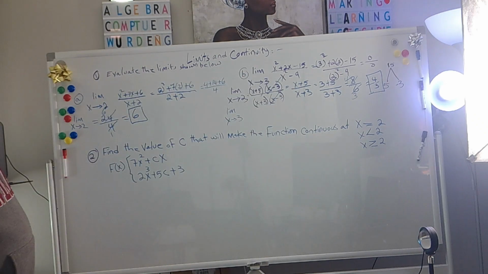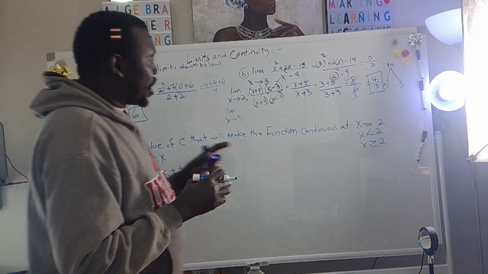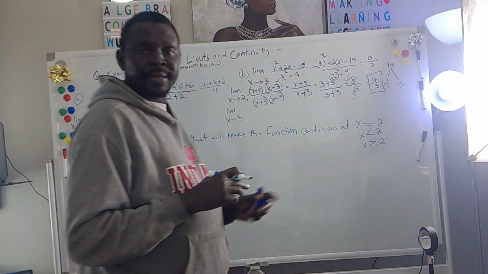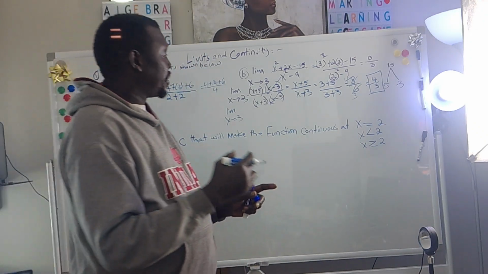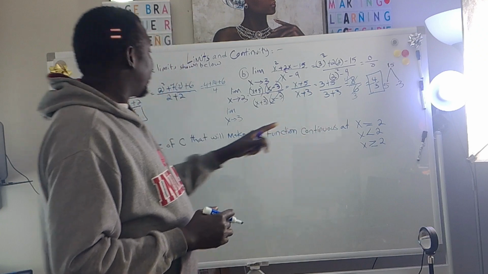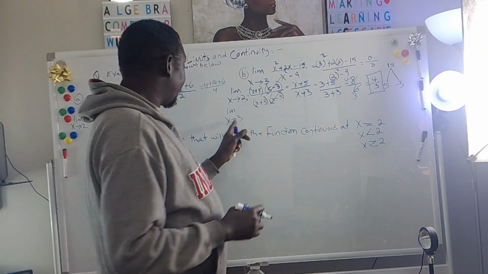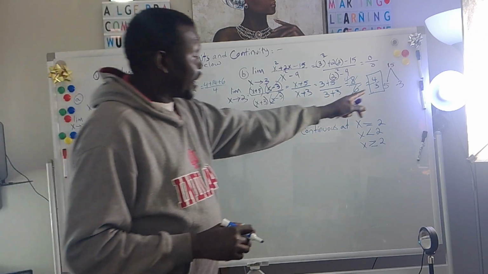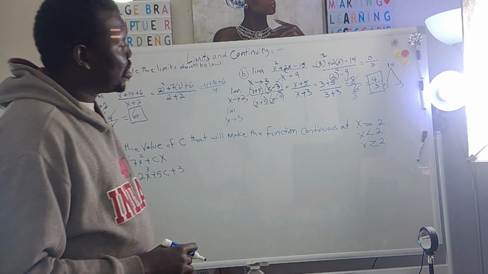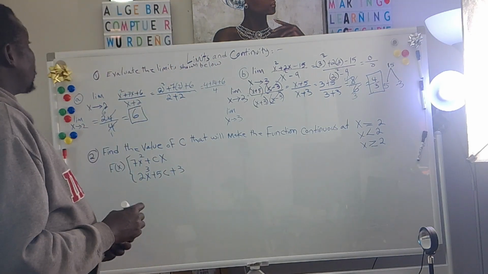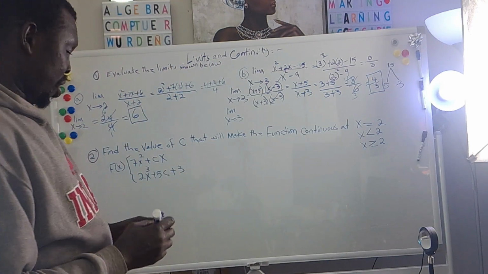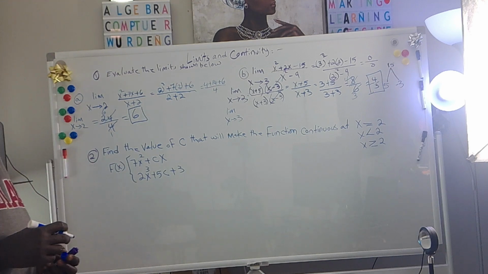Boom, we got it. And for the other one, you have to do some work. That's what we did, and this is the answer here: 4 over 3. Now, let us do number 2 here.